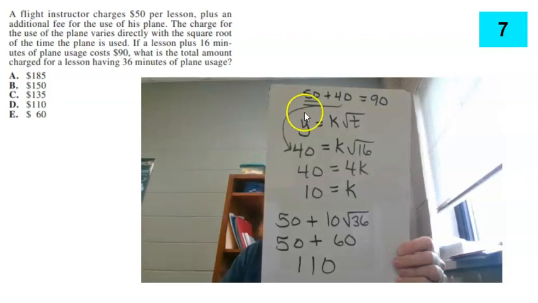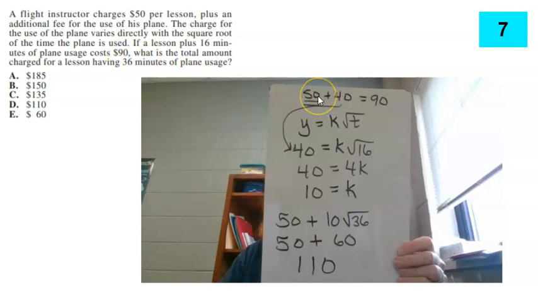So what you can do first is divide your fee up. You know that $50 is the charge per lesson plus whatever additional fee for the use of the plane, and he paid $90 for the first lesson here, it says. 16 minutes of plane usage costs $90.